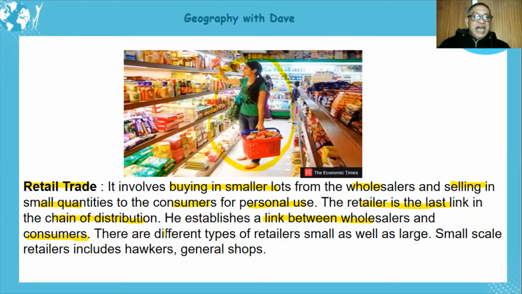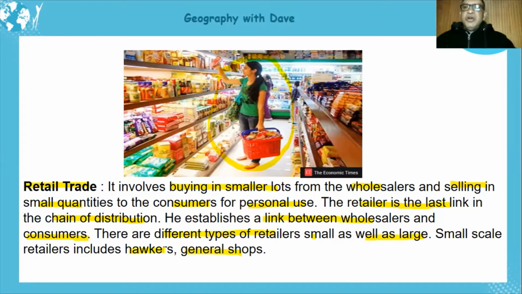There are different types of retailers, small as well as large. You get supermarkets that are huge hypermarkets that sell to the people. And then you can get a small store, which is your general shops or your hawkers, who have smaller quantities and sell to the immediate market, the niche market that demand it in the areas.